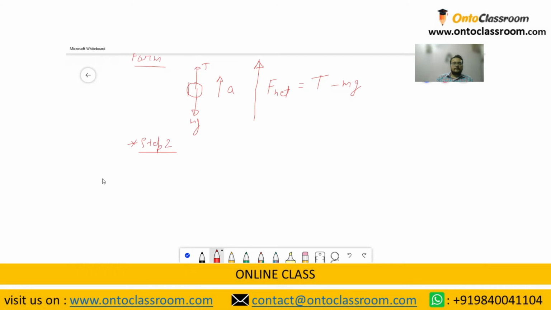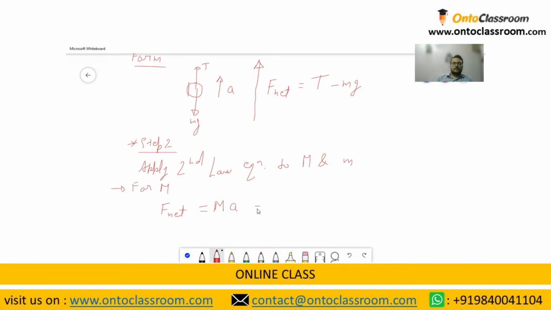Step 2 will be applying Newton's second law of motion equation to capital M and small m. So for capital M, F net will be equal to the mass of this block and its acceleration.